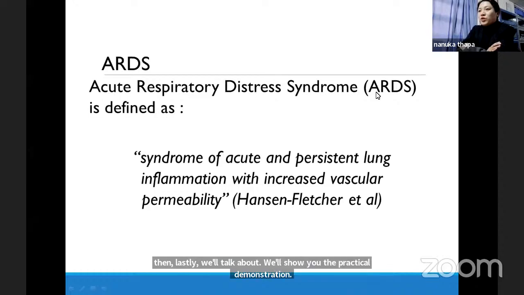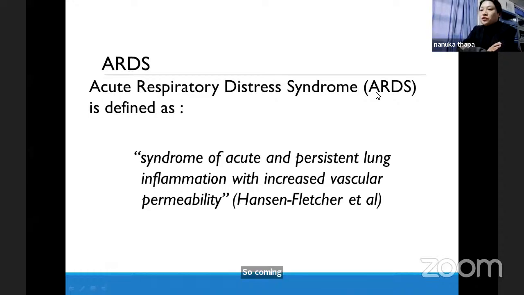So coming to what is ARDS, or acute respiratory distress syndrome. It is defined by Hansen and Fletcher et al. as a syndrome of acute and persistent lung inflammation with increased vascular permeability.